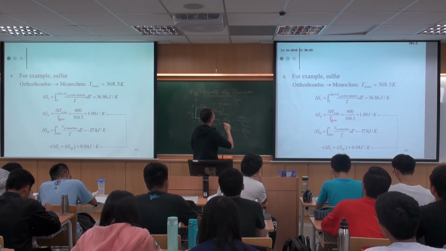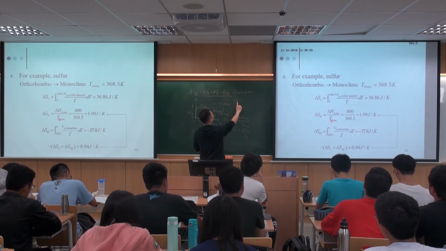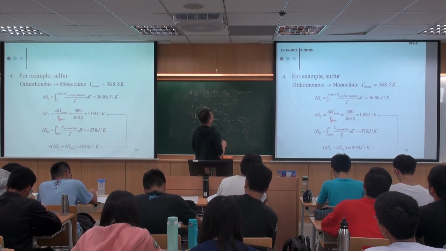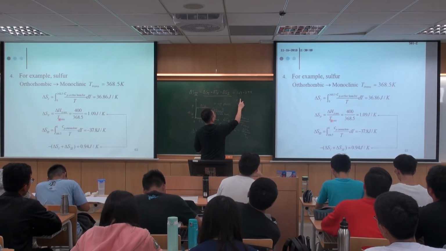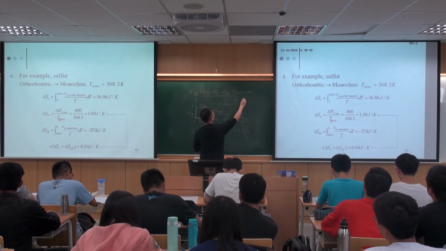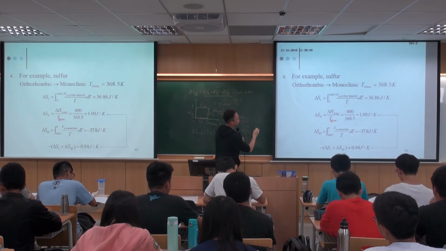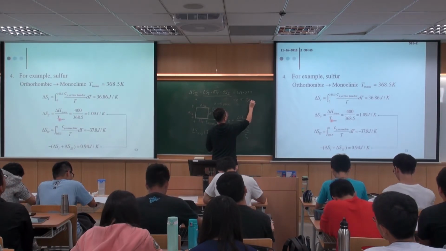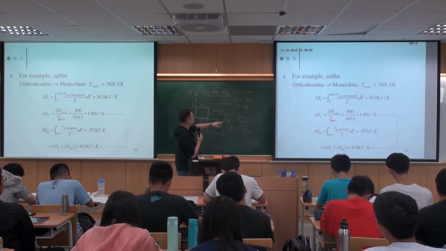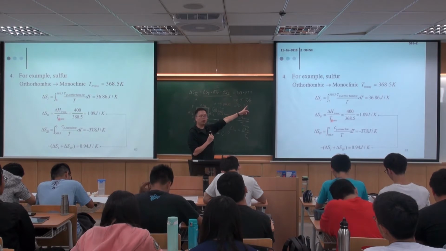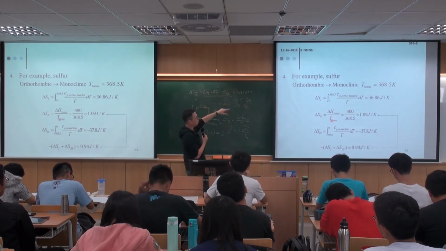My math is, yeah, I think this is close to 0. So you have like 0.15 joule per Kelvin if you add all these three together.